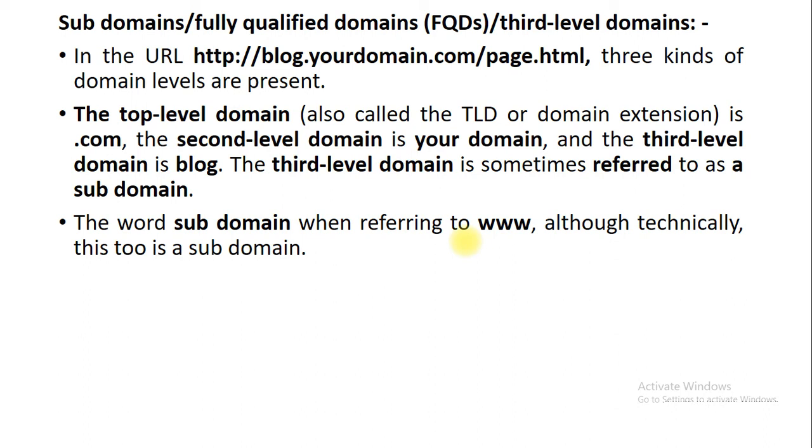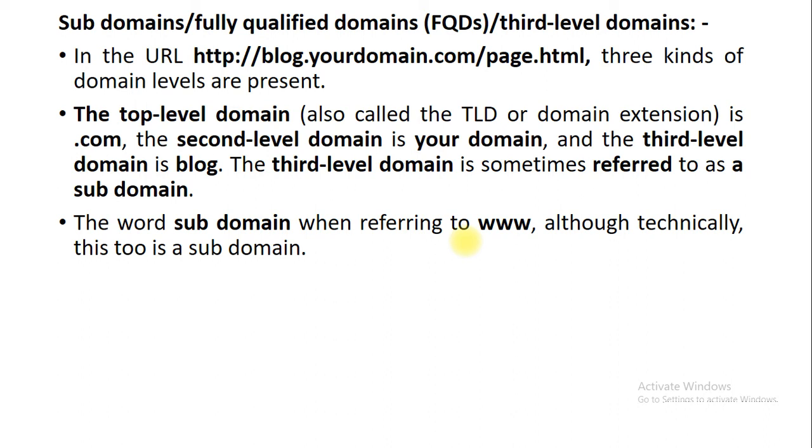Instead of top level domain, you can also say first level domain, or root domain. So the top level domain is .com. Generally, for what purpose is the top level domain used?